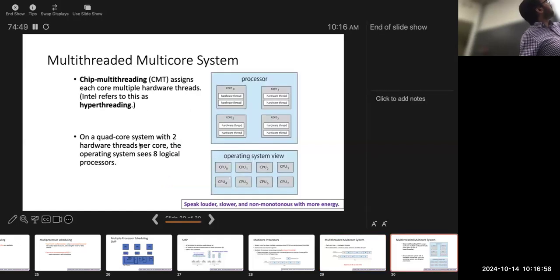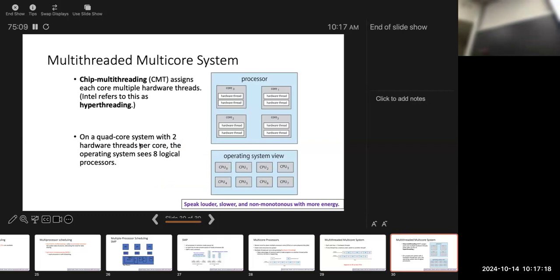Now here is the example. You have 1 single processor, it has 4 cores, and each core can support 2 different hardware threads, because each one of them has its own program counter and own registers. So in total, you have 8 hardware threads, right?